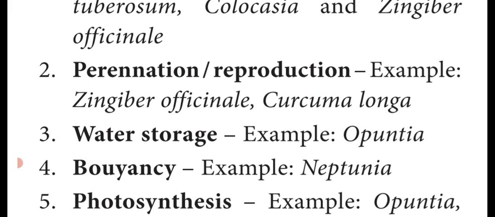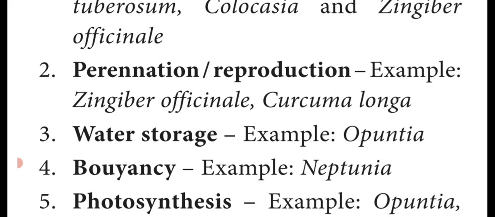Externally, if you can see the ginger, the outer surface shows ring-like structures with regular intervals or lines. Those lines are known as the nodal region. The gap between two nodes is known as the internodal region. At the tip of the ginger, there is a terminal bud.